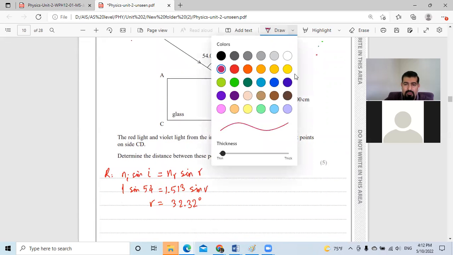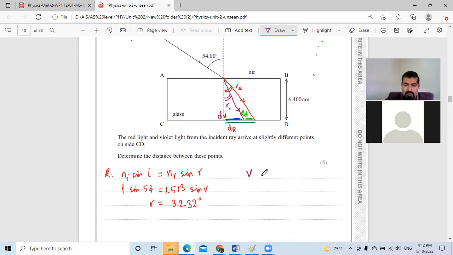But for the violet now, I'll do the same thing.